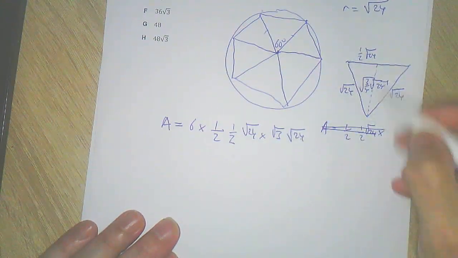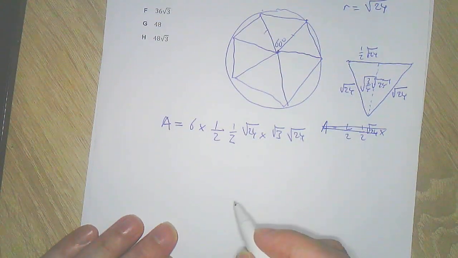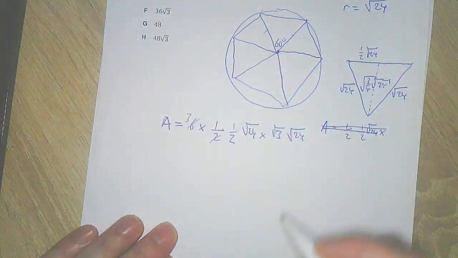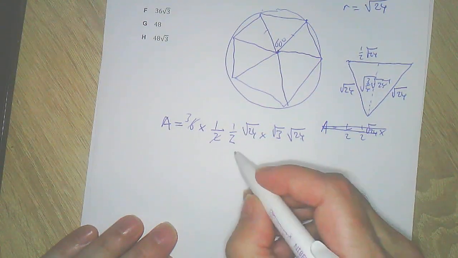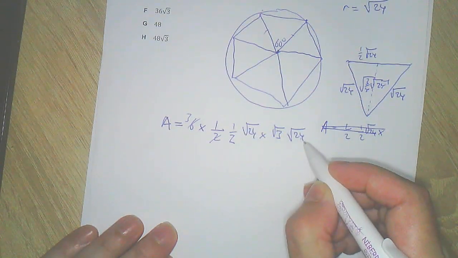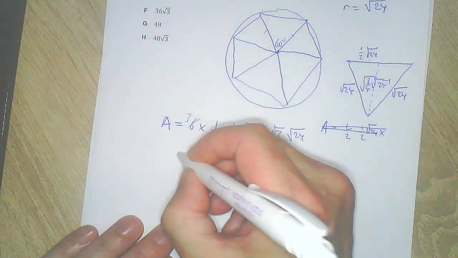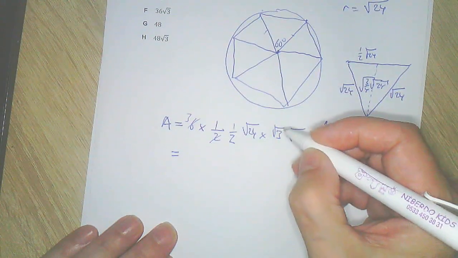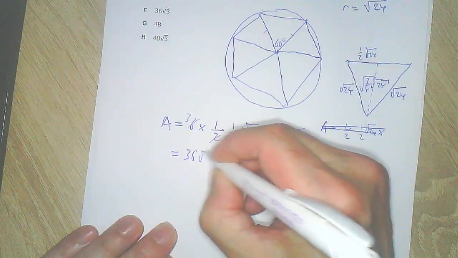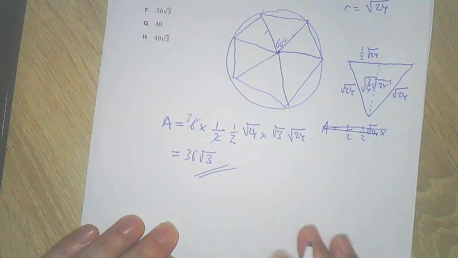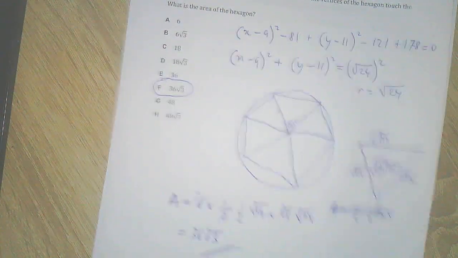So we end up with, that cancels with that, becomes a 3. The root 24s become 24, which is 12. 3 times 12 is 36. So that's 36, and there's a root 3 over. So 36 root 3 is the answer. And here we are, it's F. So that's the answer to this question.